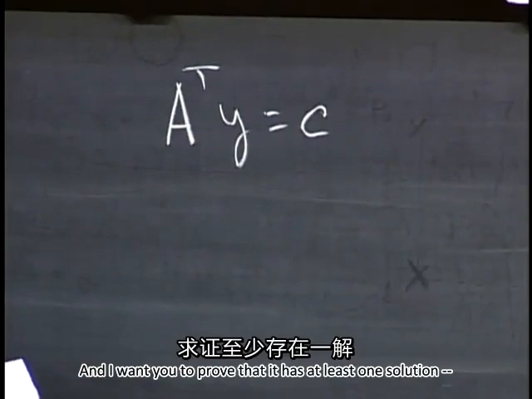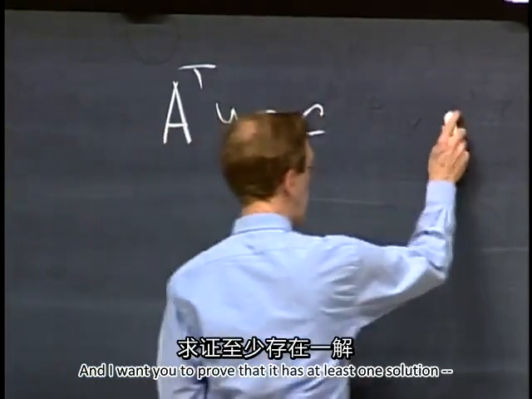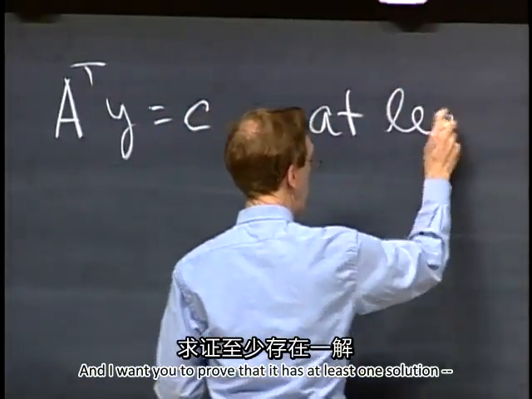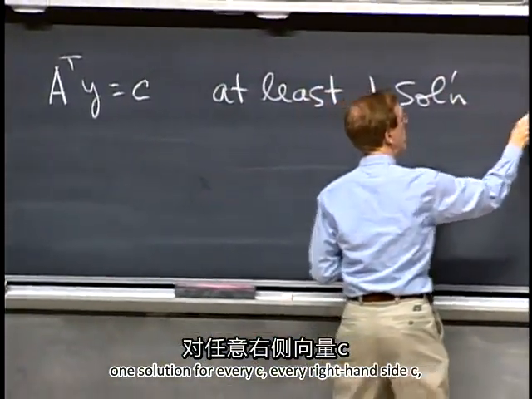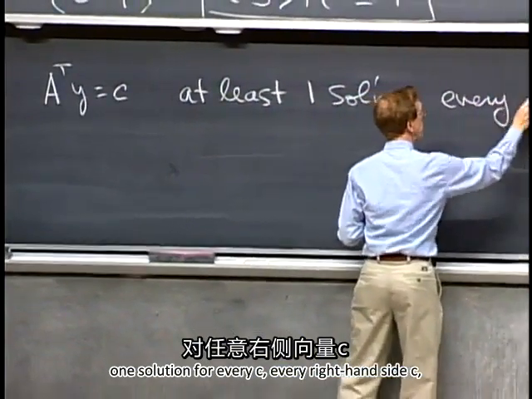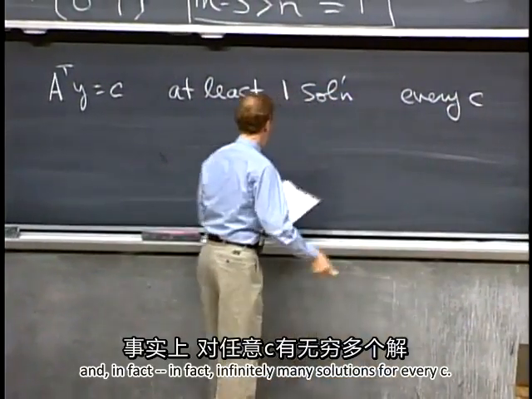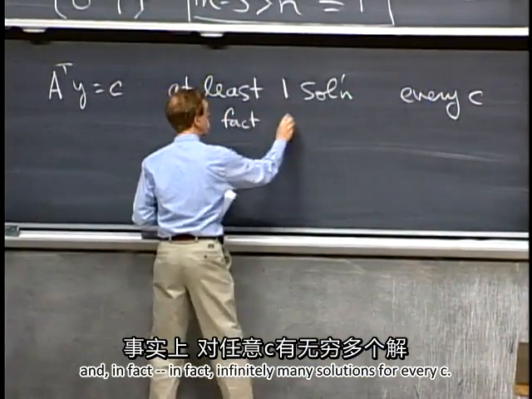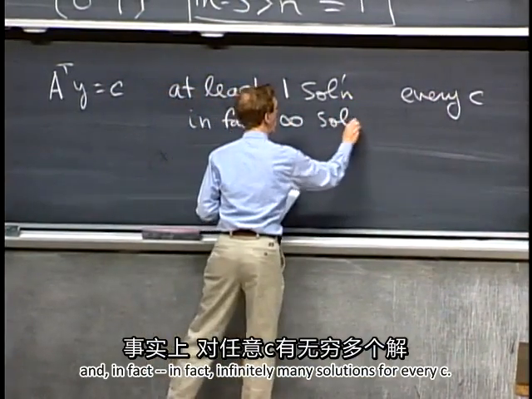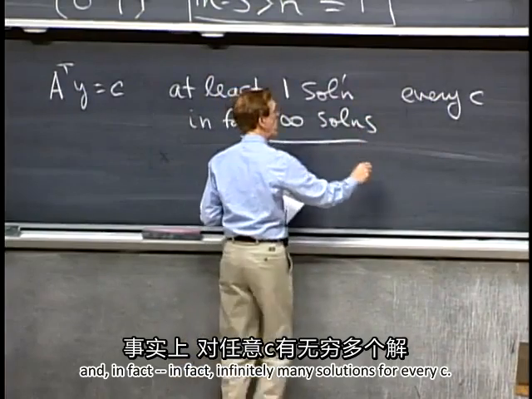And I want you to prove that it has at least one solution for every C, every right-hand side C, and in fact, infinitely many solutions for every C.